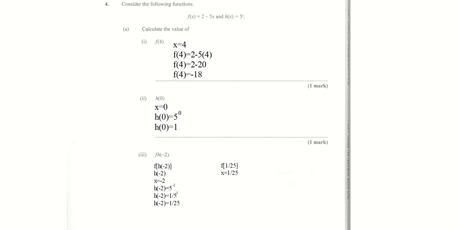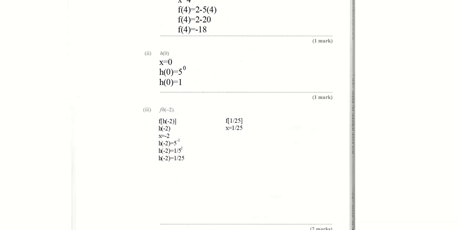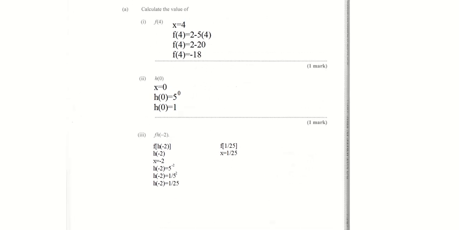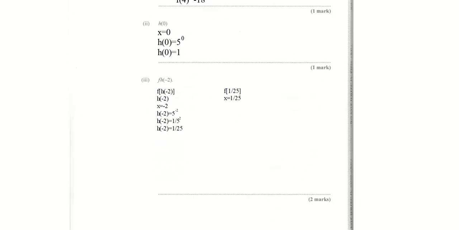So that means x is equal to 1 over 25. Wherever we see x in our f of x equation, you're going to put 1 over 25. So that is 2 minus 5 by 1 over 25.